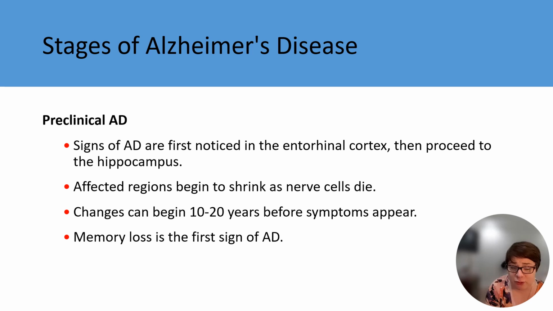Affected regions of the entorhinal cortex, the neurons, begin to shrink and die, again as a result of those neurofibrillary tangles. Changes in the entorhinal cortex typically begin 10 to 20 years before symptoms actually appear. And memory loss is, of course, the first sign of Alzheimer's disease.